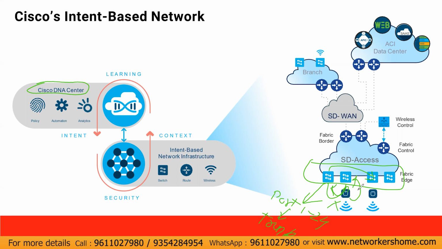VLANs will be removed and VNs will be added, right? Yes. The policies are detached from VLANs and added to VNs, so that the user is in any branch, any site in the world, right? He is not bound to any physical thing. He's bound to his particular policies. Exactly. He is bound to his identity. He proves his identity, and the policy will get applied.